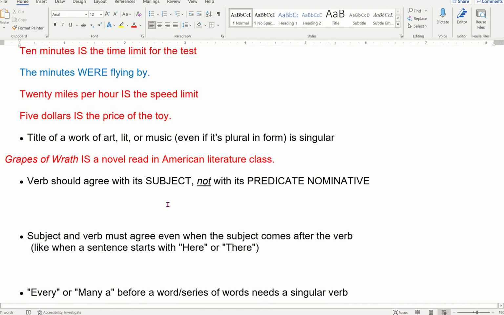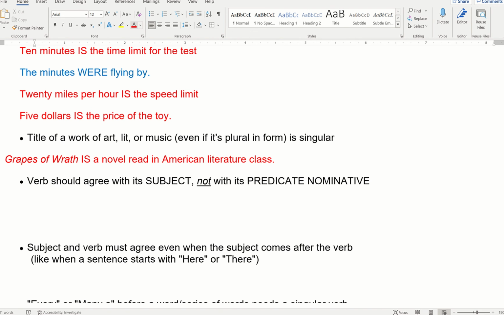Okay, next is sort of a weird situation, but you do come across this from time to time. If you have a sentence with a linking verb in the middle that has a subject and a predicate nominative, and they are not the same number, you want your verb to agree with the subject. So here's an example. Bears are the biggest threat in the woods.